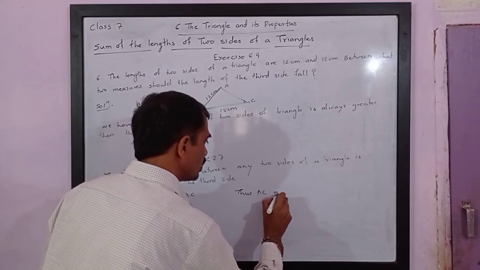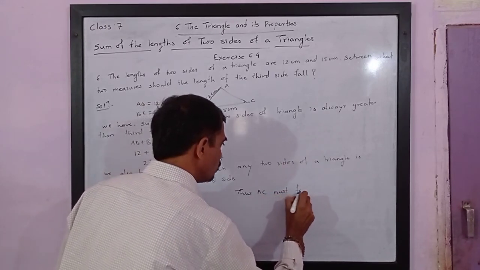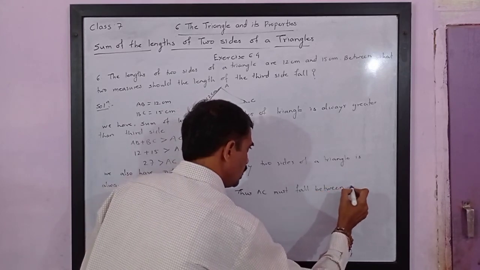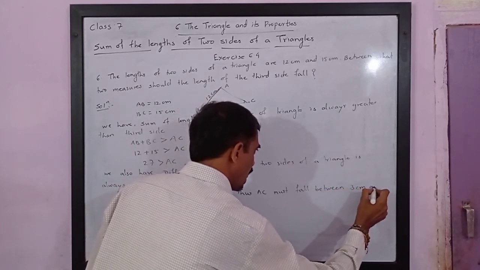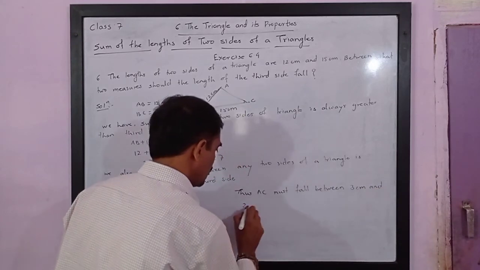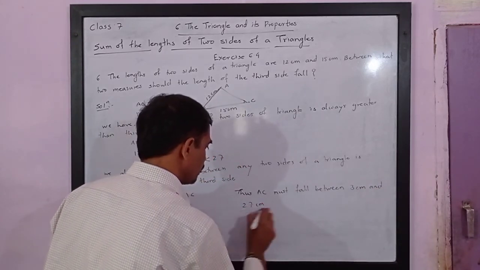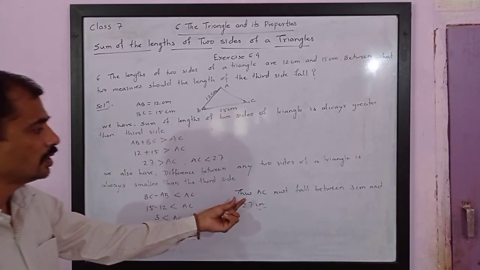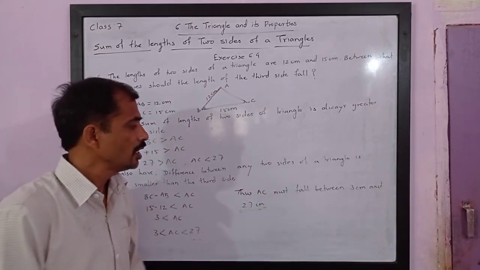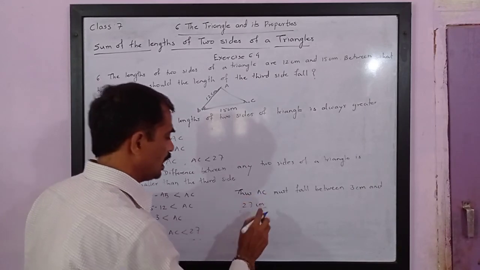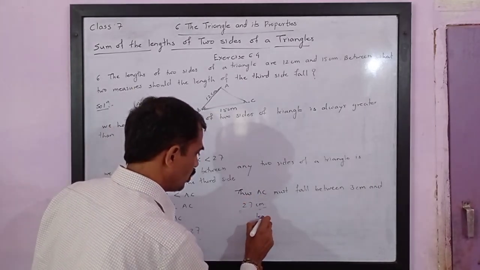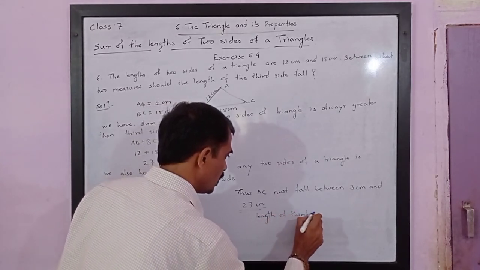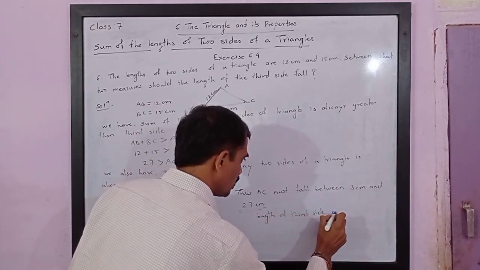AC must fall between 3 centimeters and 27 centimeters.